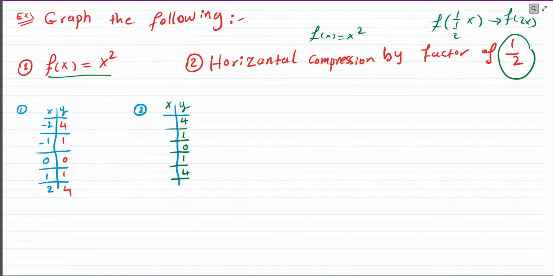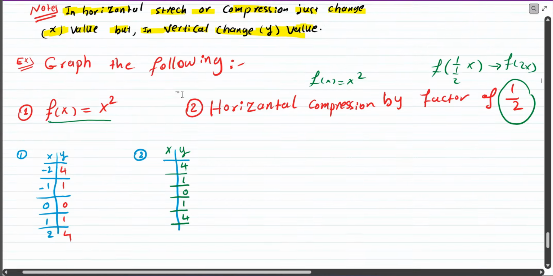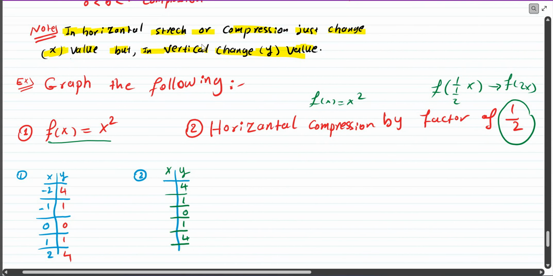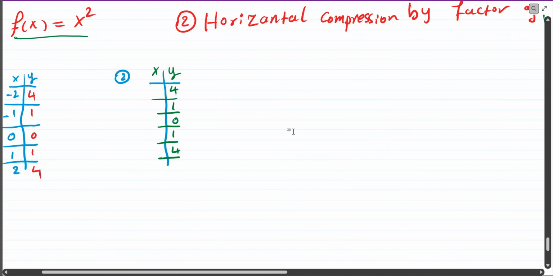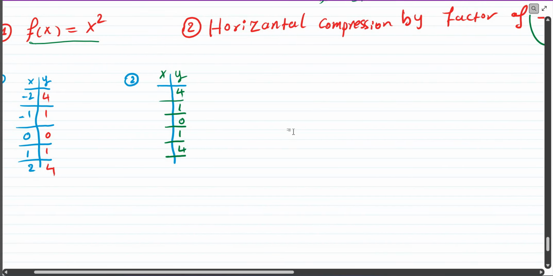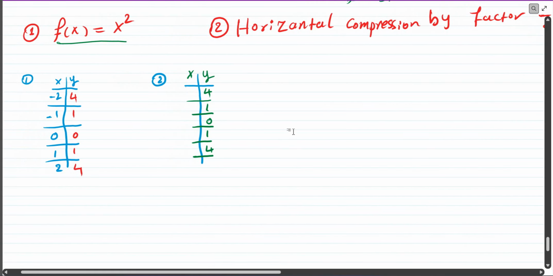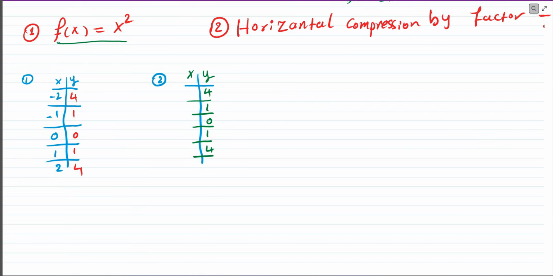So I told you right now, I said that when you have horizontal stretch or compress, just change x value. So all you need to do is what? Multiply your x values by 1 over 2. So when you multiply these x values by the given factor, so you will get the compression in the graph.